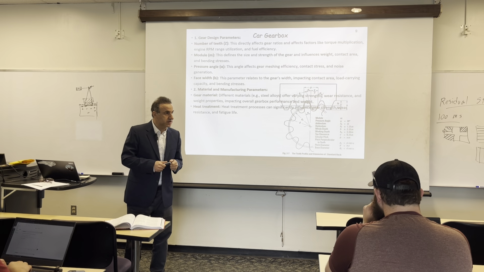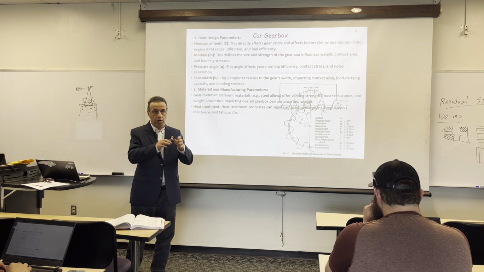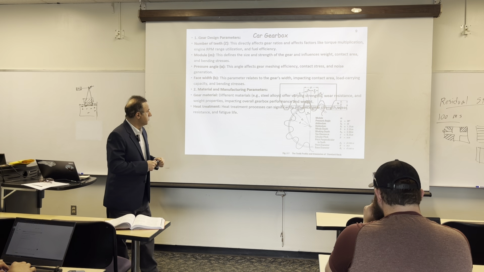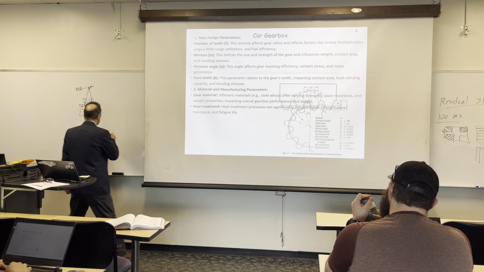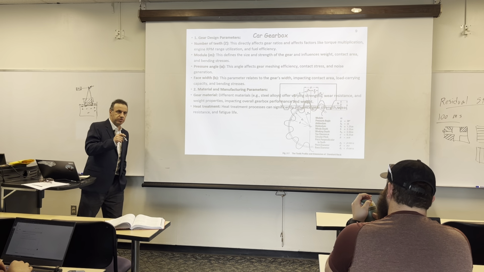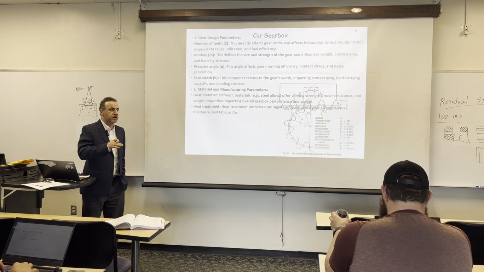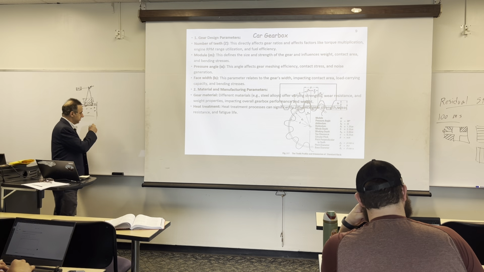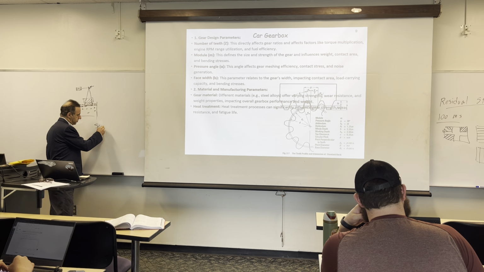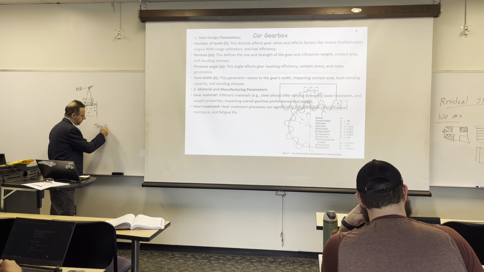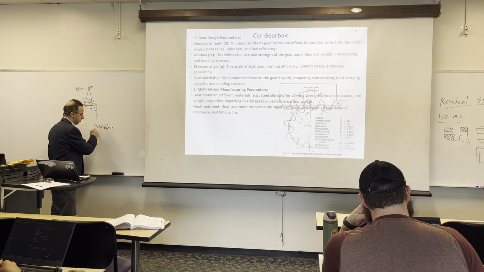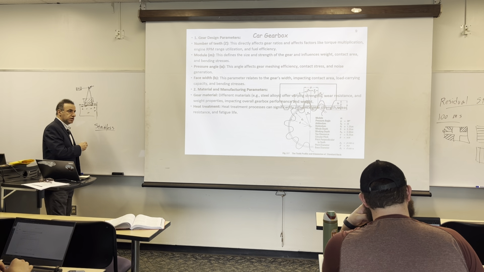Then martensitic stainless steel. These are all different categories of stainless steel. And when we say stainless steel, what does it mean? It means it does not corrode, right? Stainless. You know why? Because it has chromium and nickel.